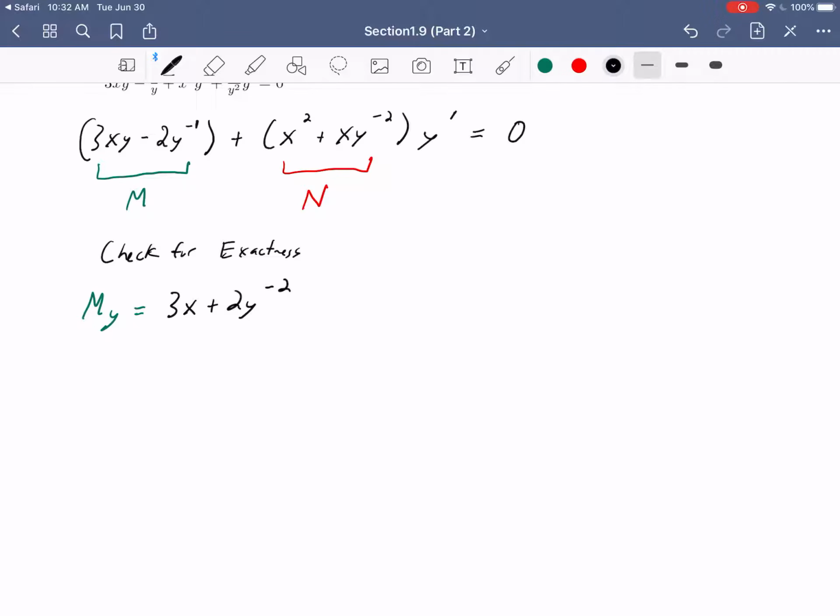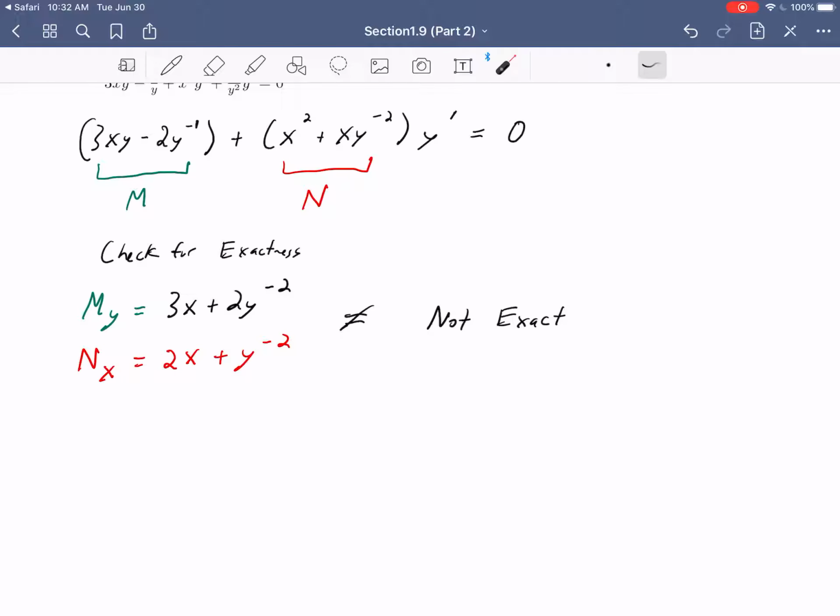And then let's do our nx, so our derivative with respect to x of this guy. Looks like we're going to get 2x plus y to the negative 2. Okay, these clearly are not equal to one another, so this is not exact in its current format.